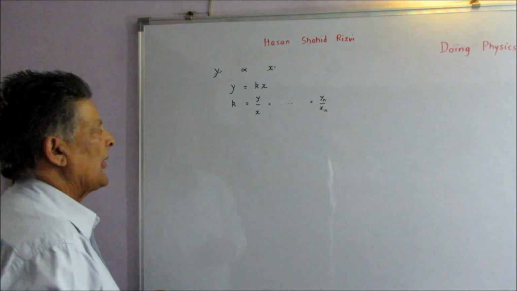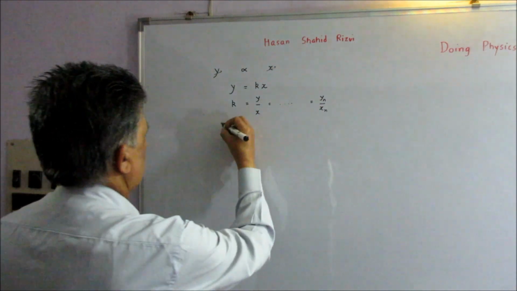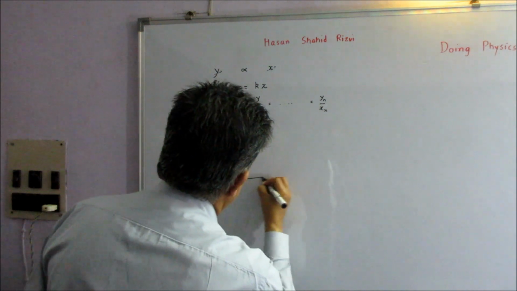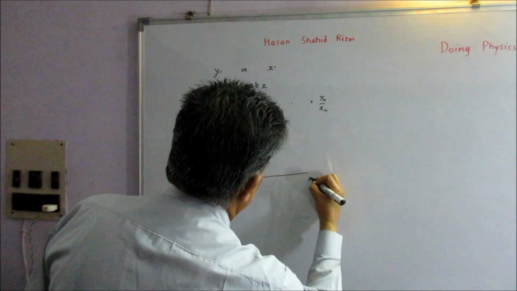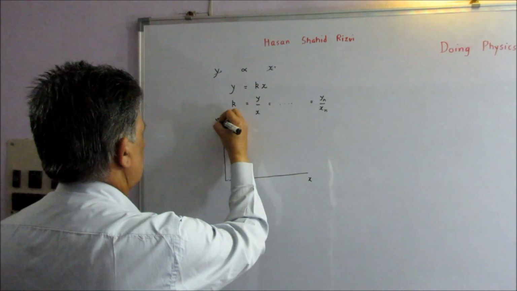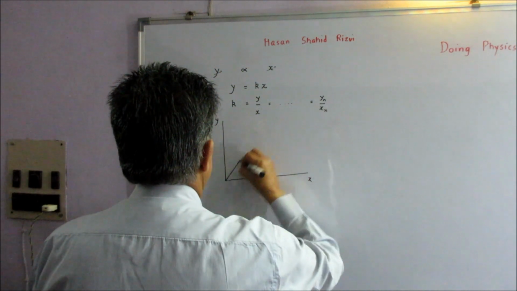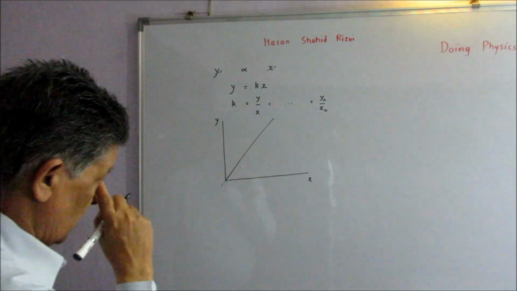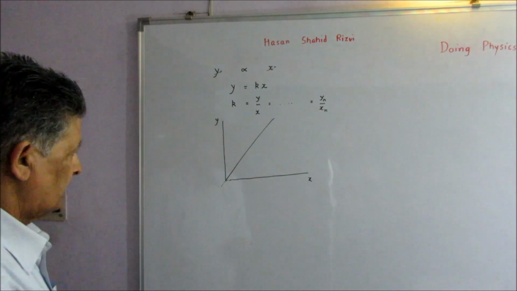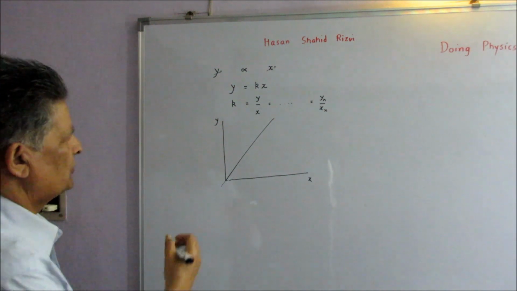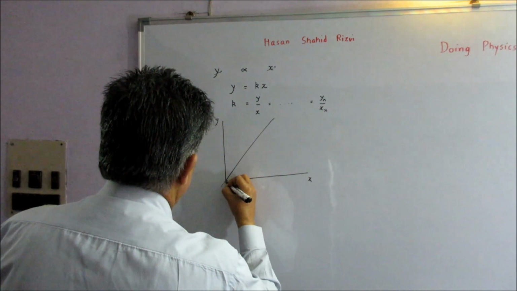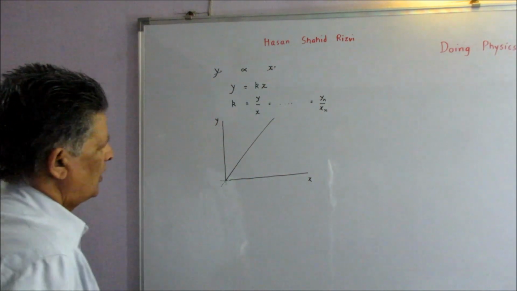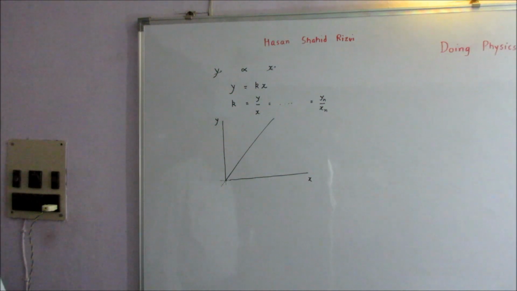So, I gave you an idea that if I plot x here and y here, and then I can have also the positive values of x and negative values of x, positive values of y and negative values of y, like we have in the coordinate geometry.